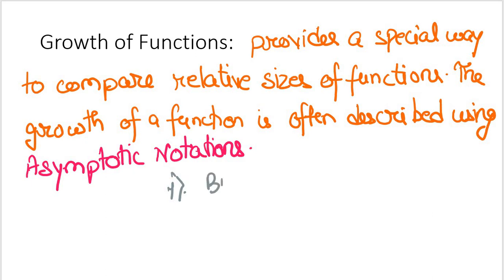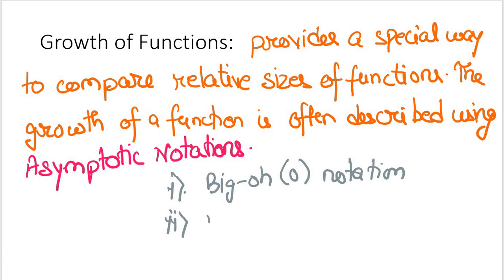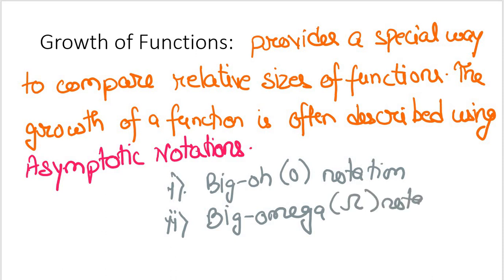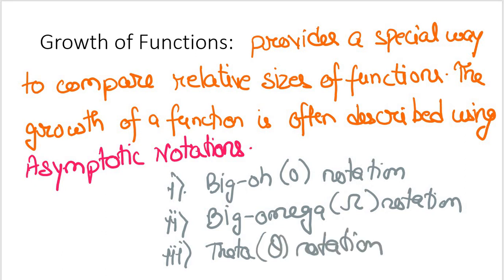And these notations are nothing but the big O notation, the big omega notation, and lastly the theta notation. I am not going into details of it because that's a part of your data structures course.